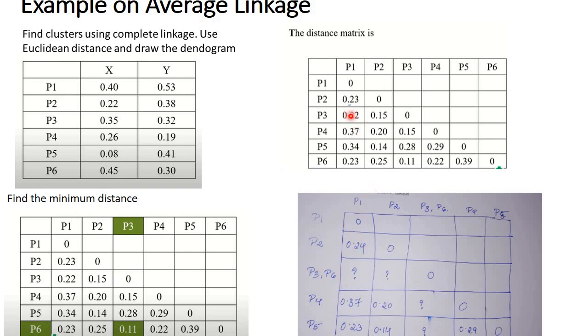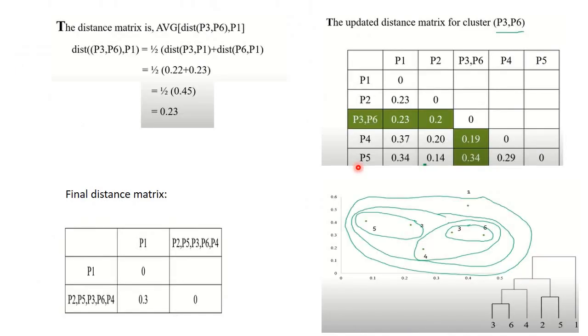So P1 to P3 is 0.22 here and P1 to P6 is 0.23. So the average of 0.22 and 0.23 comes out to be 0.23. So that is filled in.